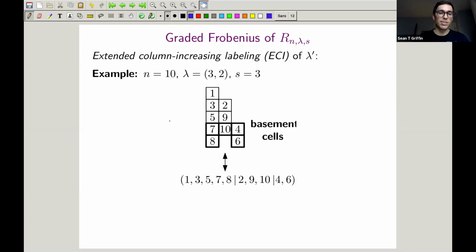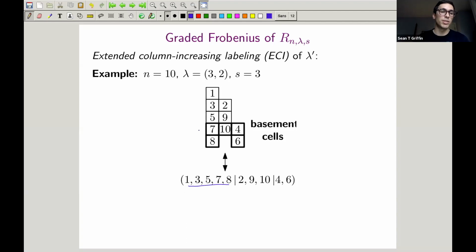And there's a bijection between ordered set partitions and labelings of this diagram where you take your ordered set partition and you use the elements of the first block to label your first column, except that some of these labels might spill out underneath, but that's okay. For all of these labels that spill out, we'll give them their own cell.